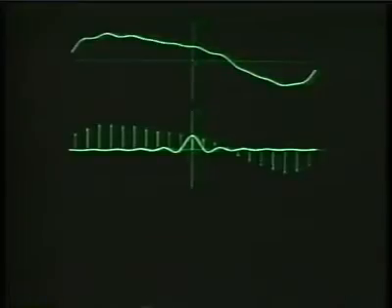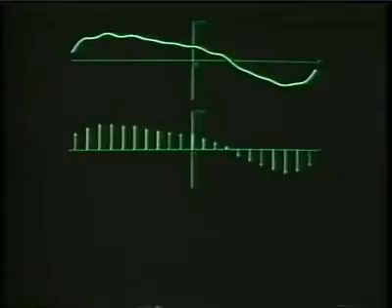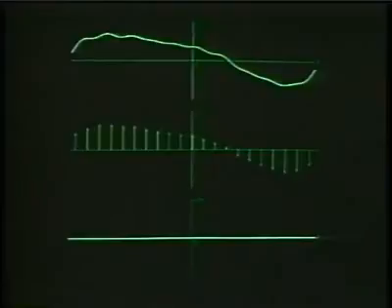Now, the more general process is to place a sin x over x function at the time location of each sample and superimpose those. Let's begin that process at the left-hand end of the set of samples. In the bottom curve, we'll build up the reconstruction as those sin x over x functions are added together.